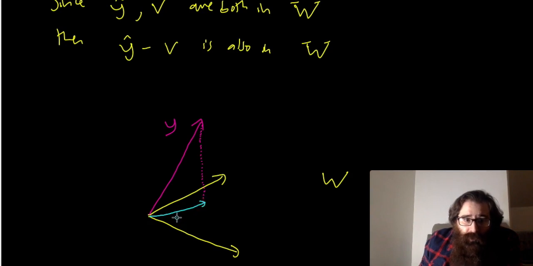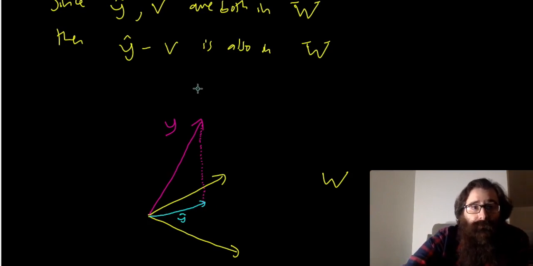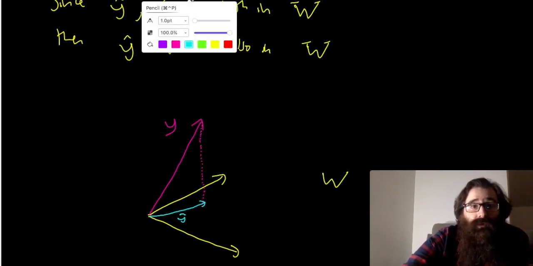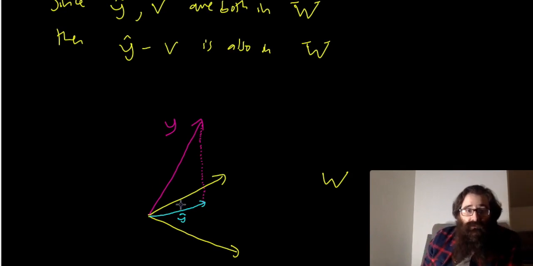This is my vector y hat, my projection vector, and it's in W. And then there's some other vector, say this is vector v. Vector v in purple and vector y hat, the projection in blue, are both in subspace W, this sort of plane that I have shown here.